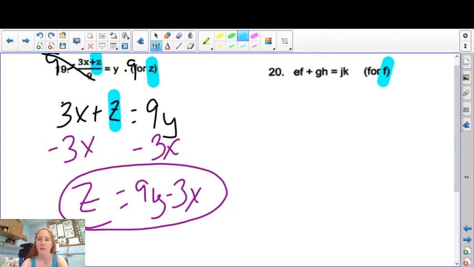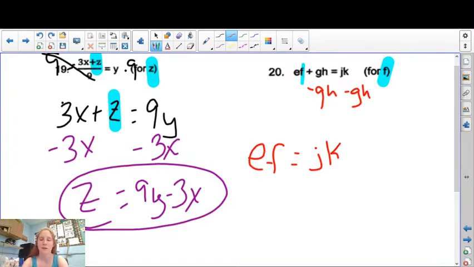Number 20, I'm looking for F, and right now F is being multiplied with E. So I have to undo the stuff that doesn't help. So minus my G and my H. So I have EF is equal to JK minus GH. Go back and identify, okay, where is my F?